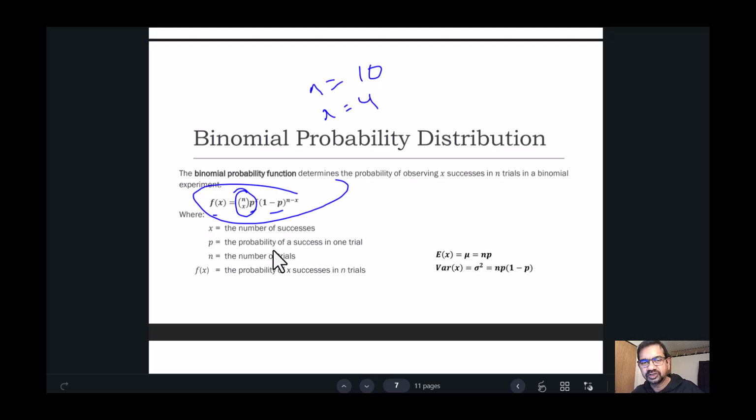For a binomial distribution, its mean is the number of trials times the probability of success, and its variance is the number of trials times the probability of success times the probability of failure. So again, a pretty simple distribution. The formula looks complicated, but once we unpack what's going on and how to define a binomial experiment, it makes intuitive sense.